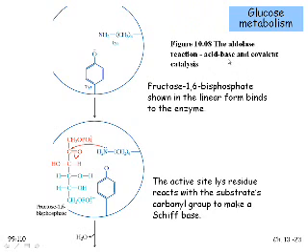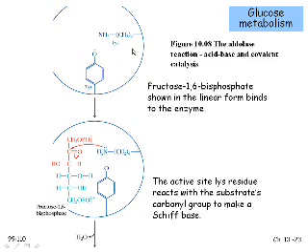Aldolase is another example of acid-base and covalent catalysis, like we saw with chymotrypsin. The fructose 1,6-bisphosphate can bind in the linear form, and we're going to see that lysine and tyrosine are both important to the active site. You remember you have the catalytic residues that actually catalyze things, and then you have substrate binding that can influence who actually gets to sit in there.